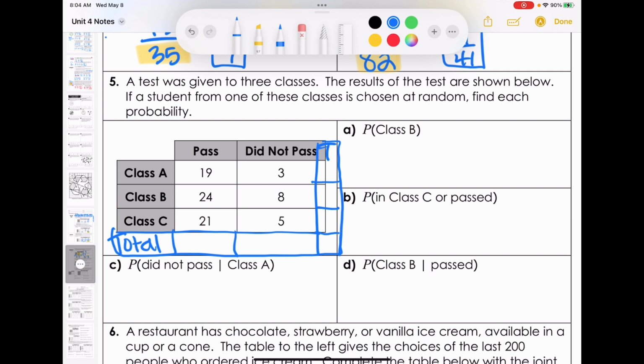All right, so the total for pass, I'm going to do 19 plus 24 plus 21. That gives me 64. The total that did not pass is 3 plus 8 plus 5, which is 16. Class A has 22 people in it.